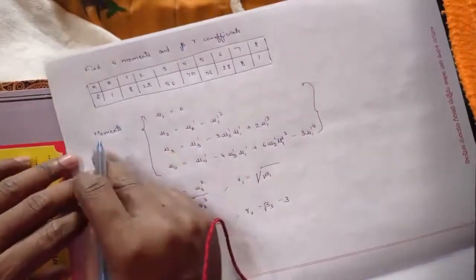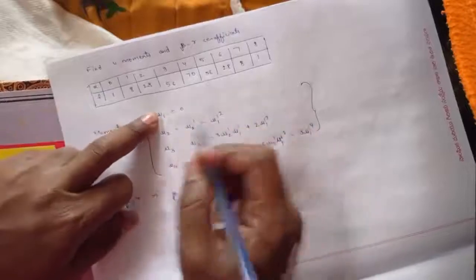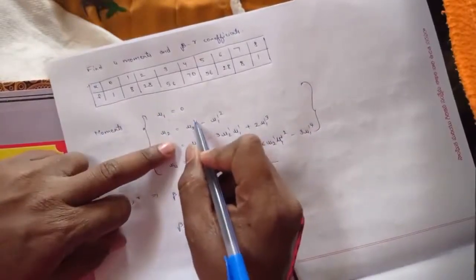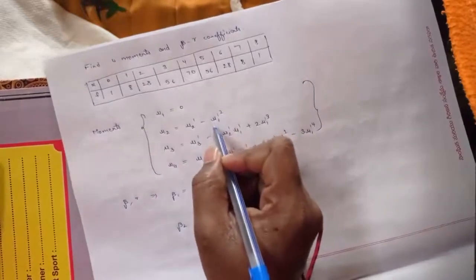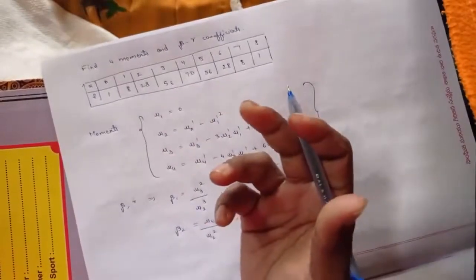So coming to the moments, mu1 is already 0, so we don't need to find that. For mu2, we have to find mu2 dash and mu1 dash. We don't know the arbitrary point value, so write all the formulas of the arbitrary moments also, and later we can write all the values in the frequency table.